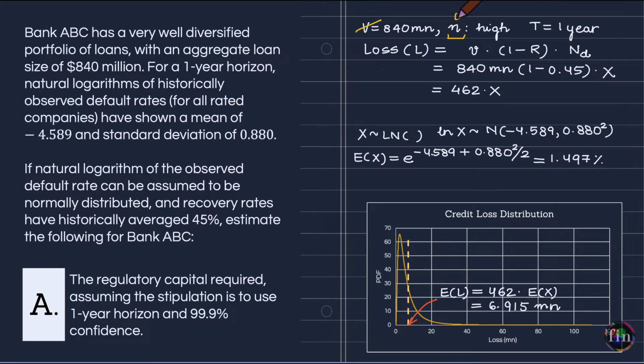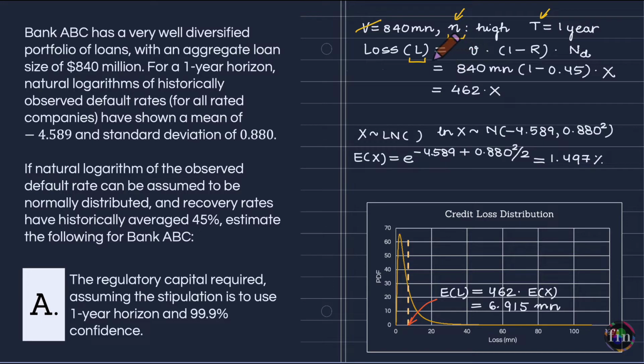Let's denote the number of borrowers to be lowercase n, and a well-diversified portfolio means that this lowercase n is actually very high. Okay, let's begin by assuming that the horizon that we have chosen is 1 year, and let's write down the formula to determine the total credit risk related loss incurred or realized on this portfolio over the upcoming period of 1 year.